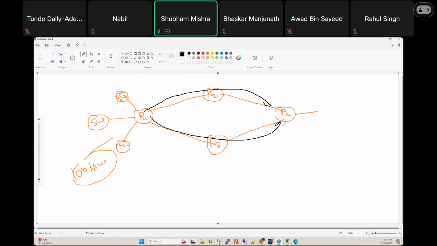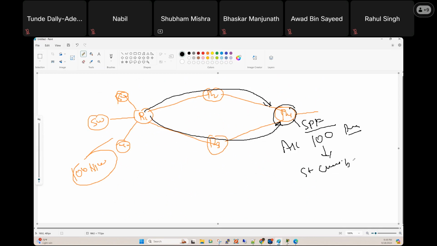Then this router runs the SPF algorithm on all the 100 prefixes one by one, and for all the 100 prefixes, it chooses the best path.